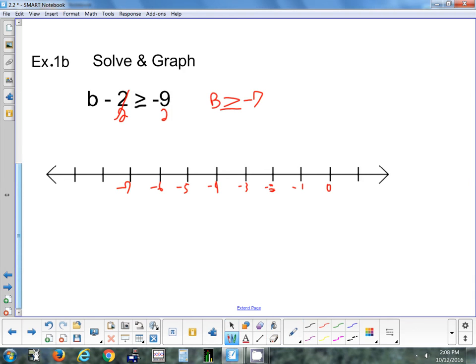And since it's like that, we have to fill our circle in, and then we just kind of draw the arrow. Okay. Yeah, it looks good. Excellent, thank you.